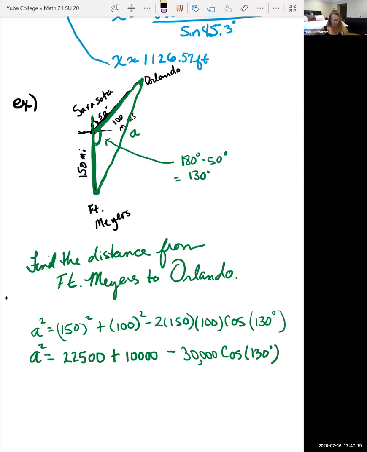So I'm going to plug that in, 22,500 plus 10,000 minus 30,000 times cosine of 130.